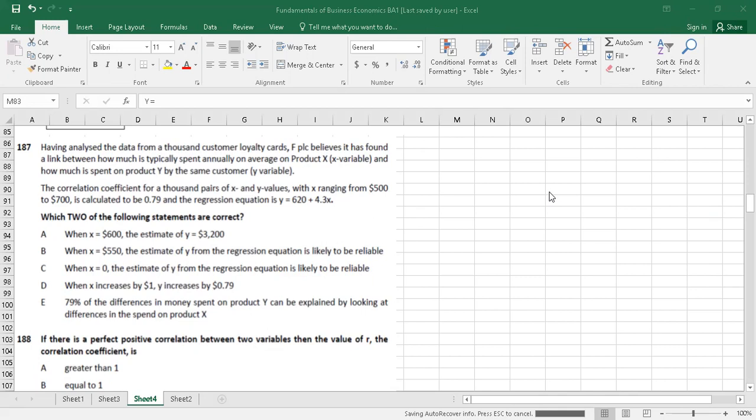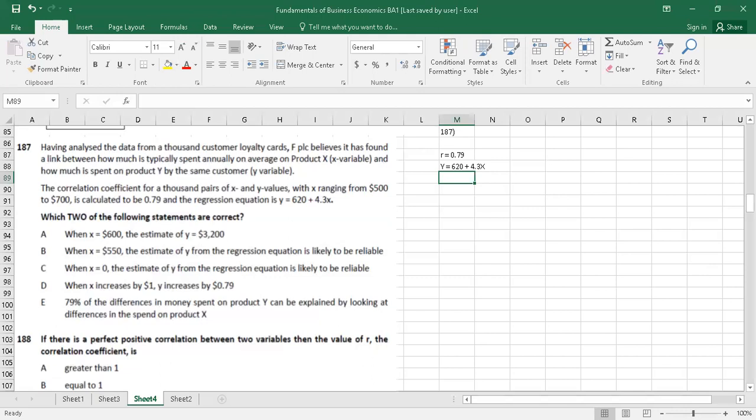So let's first write what are the details that are provided to us. Question number 187. R is equal to 0.79. Then y is equal to 620 plus 4.3x. The correlation coefficient for 1,000 pairs of X and Y values, with X ranging from 500 to 700.